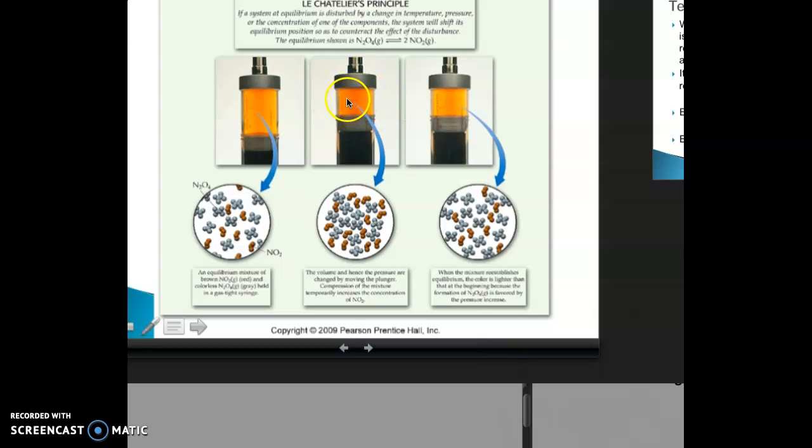Here we're at the maximum dark. Remember, the dark color is from NO2, but compressed even smaller, it has to shift back towards the colorless reactants, and you can see that visually.